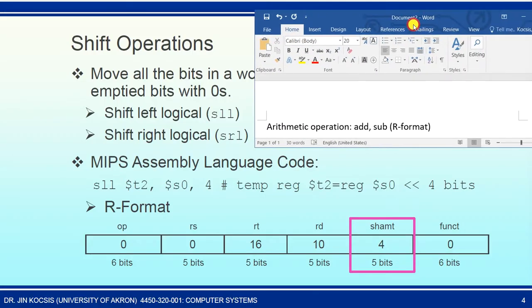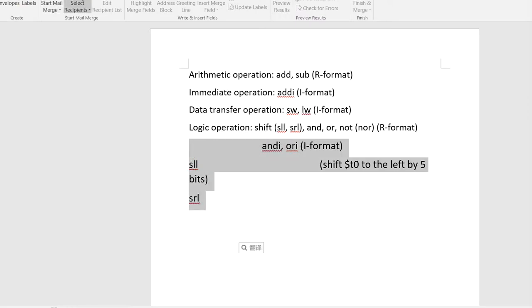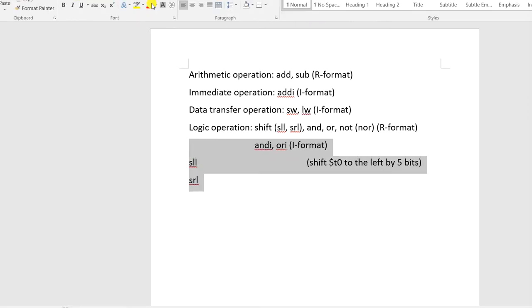So say I want to shift the content in T0 to the left by, let's say, 5 bits.